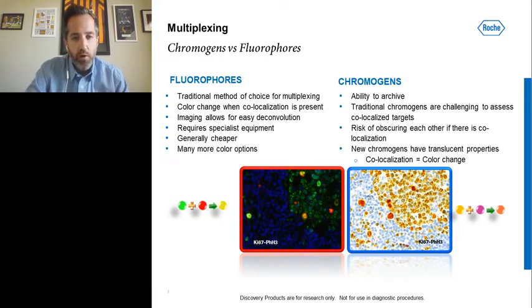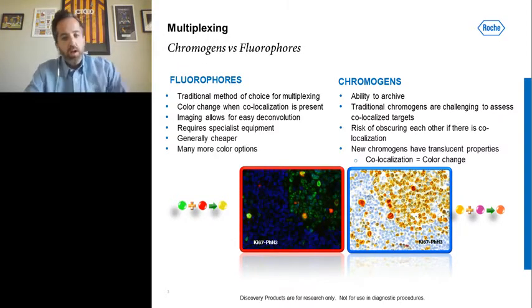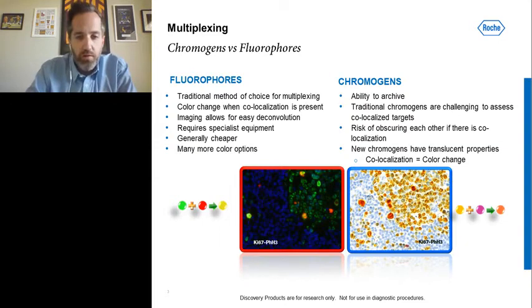In the past, for chromogens, with traditional chromogens such as DAB and red, when these do colocalize, it's very difficult to see where these colocalization events are occurring. However, with the introduction of our new chromogens, which have translucent properties, we can see color changes. So these chromogens act just like fluorophores, and when they do overlap, it creates a new color, which is a great benefit for people that don't have fluorescent equipment to be able to detect these particular markers.